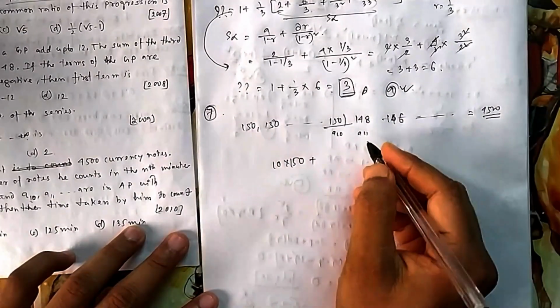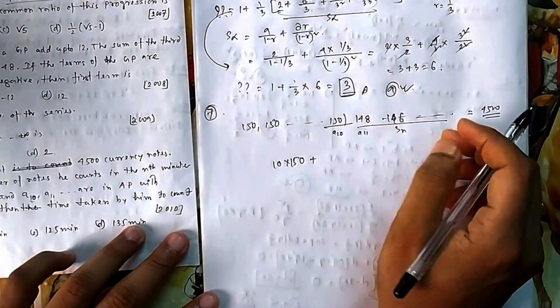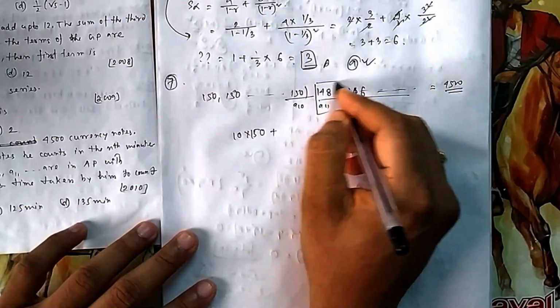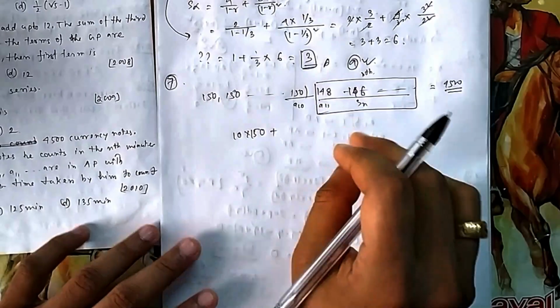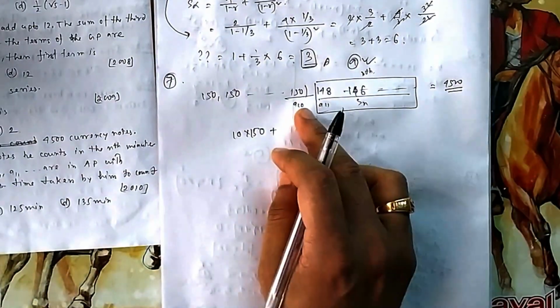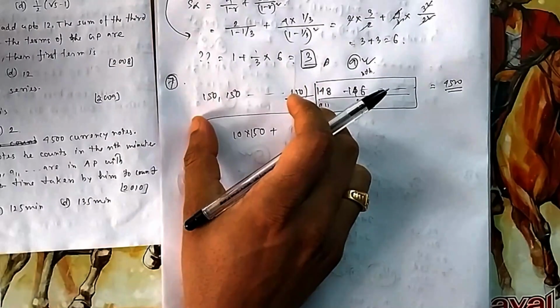So the sum is, suppose I consider Sn, it will go to the nth term. So how much will the total number of terms be? We will calculate. This is the nth term I am calculating from here. Nth term means nth minute. And with that we have to add 10 minutes, because 10 minutes is here.